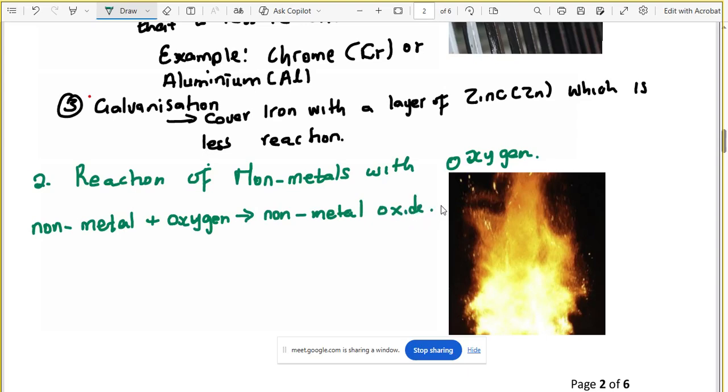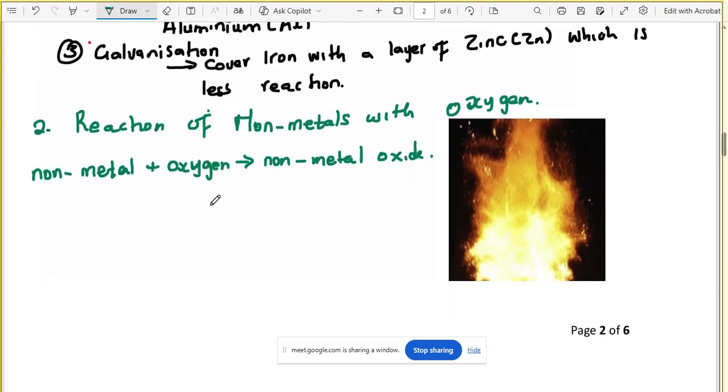If you look at this picture, I think you can see that we have carbon. It reacts with oxygen. Carbon is a non-metal, and then it reacts with oxygen, and therefore, what do we get? Carbon dioxide.